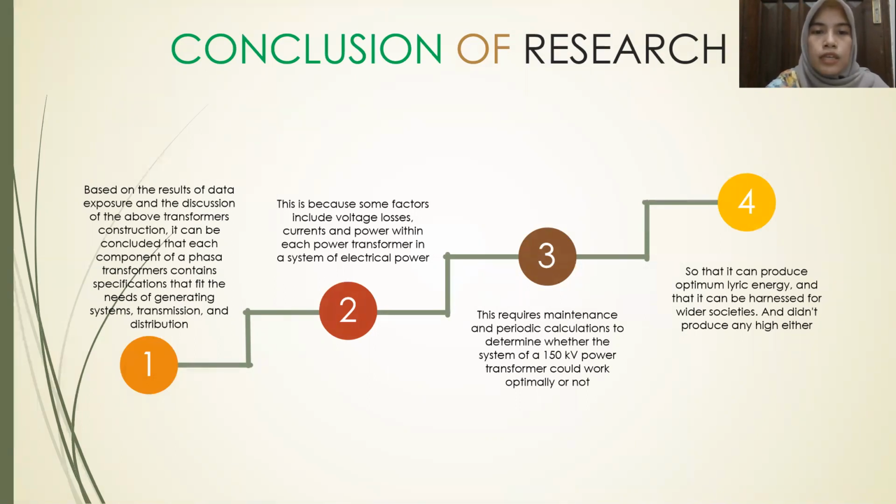Two, this is because of some factors, including voltage losses, current, and power within each power transformer in a system of electrical power. Three, this requires maintenance and periodic calculations to determine whether the system of a 1050 kilovolt power transformer could work optimally or not.